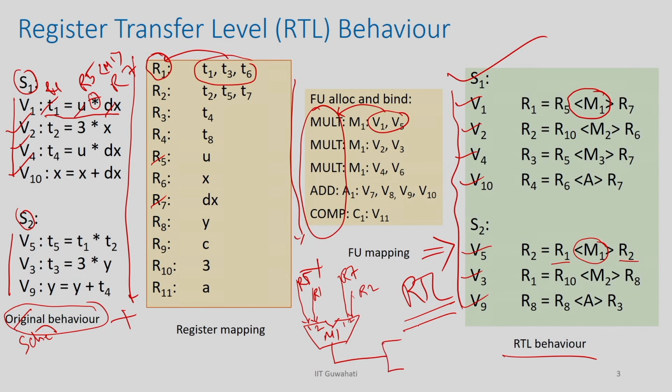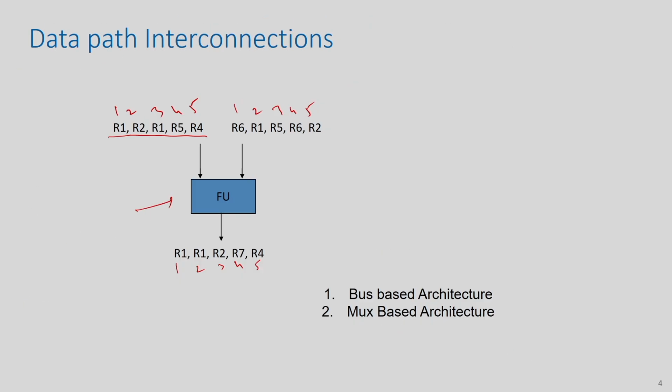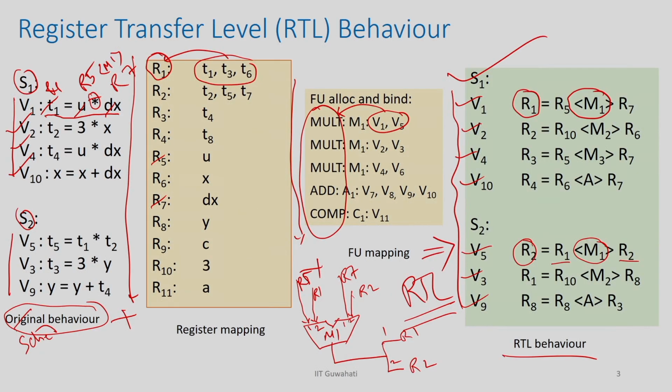This is updating R1 in time stamp 1, and this is updating R2 in time stamp 2. So, you will identify all the possible inputs and outputs of the FUs, and they are actually time division multiplexed. It is not that all are coming in the same clock, they will come in different time stamps, right. This information you can gather from this RTL behavior.